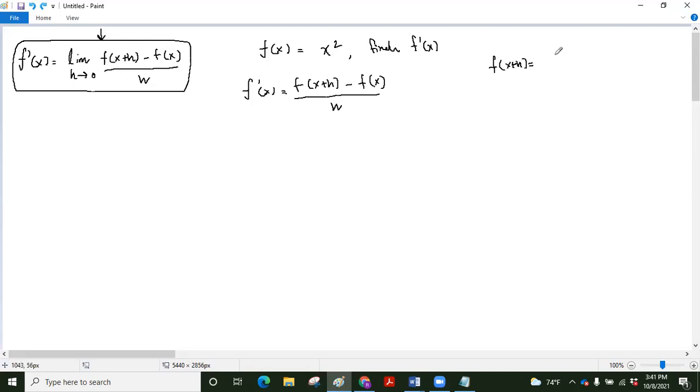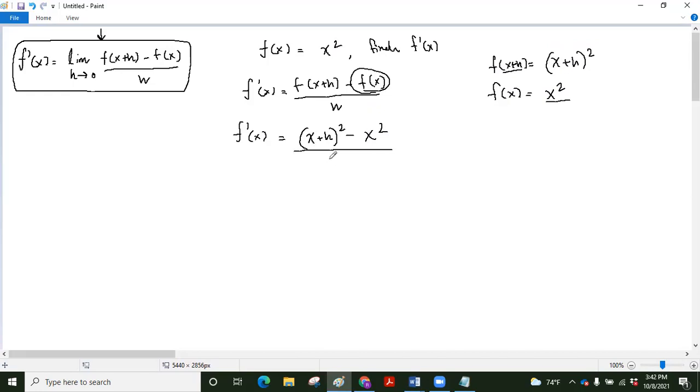So if I take x plus h and plug it wherever I see x, I would have x plus h squared. So this is my f of x plus h. My f of x was already given to me in the question. It's x squared. So that means f prime of x equals f of x plus h, which is x plus h squared, minus f of x, which we know is x squared, over h.